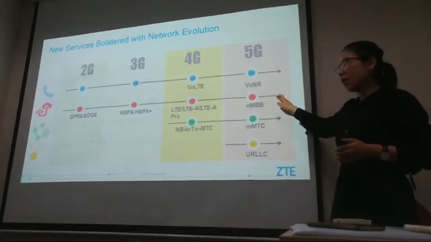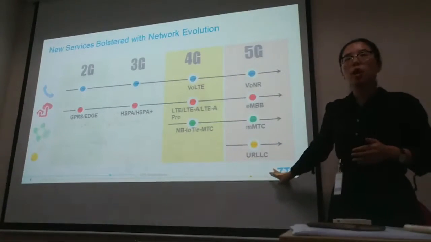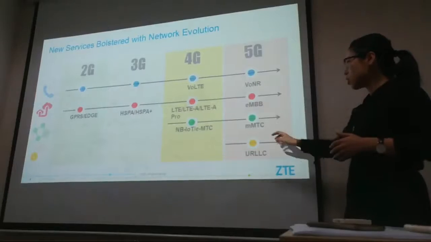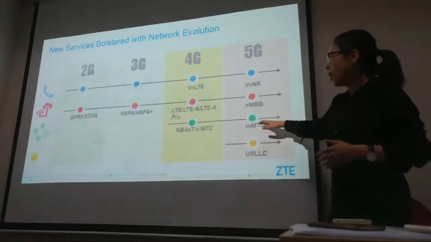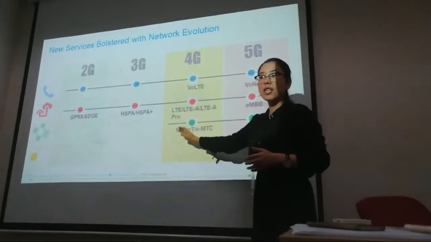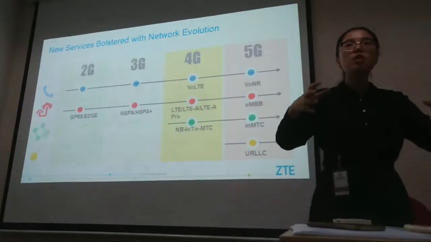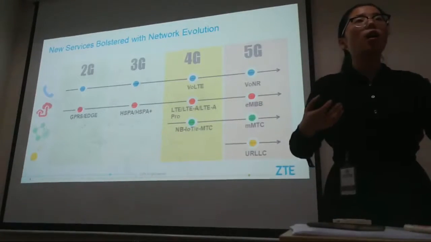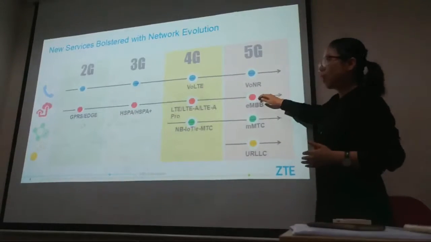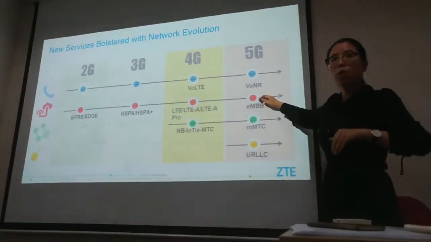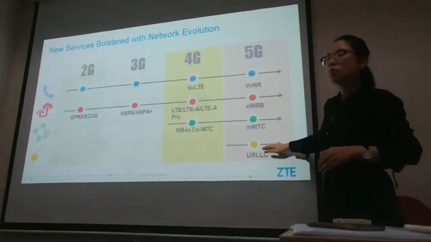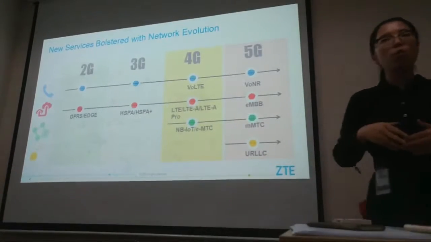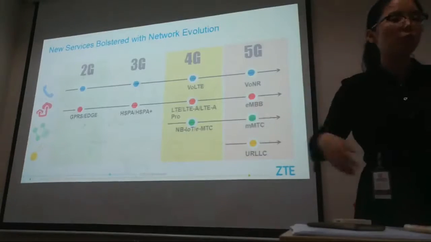One is eMBB, another is URLLC for the driverless car and smart driving. The mMTC is similar to 4G machine type communication, so we can use 4G directly and we don't need to change it so fast. I first develop the one all humans will use, and the one we never met. So these two we will deploy and study first, and for mMTC, I can use the old one directly.